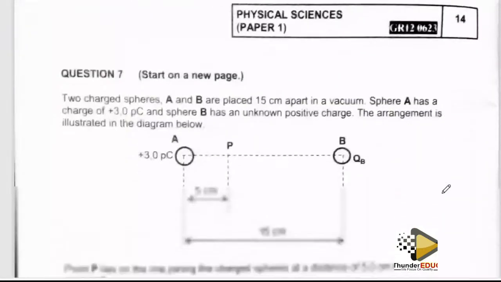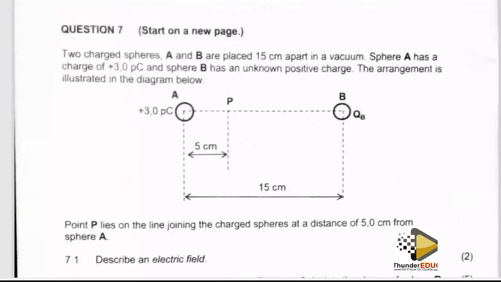Then question number 7. Two charged spheres, A and B, are placed 15 centimeters apart in a vacuum.